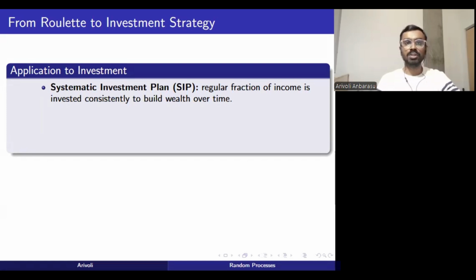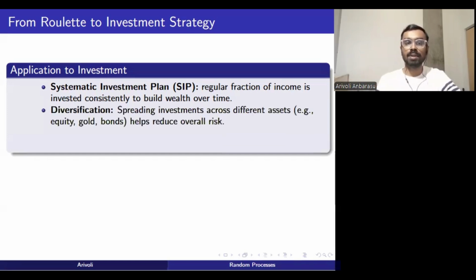This video uses a casino game to explain Kelly's betting, but the main idea also applies to investing. A systematic investment plan or SIP follows the same logic as Kelly's strategy. You invest a fixed portion of your income at regular intervals, regardless of market ups or downs. In this video, we also saw an example of diversification by spreading bets across different outcomes.